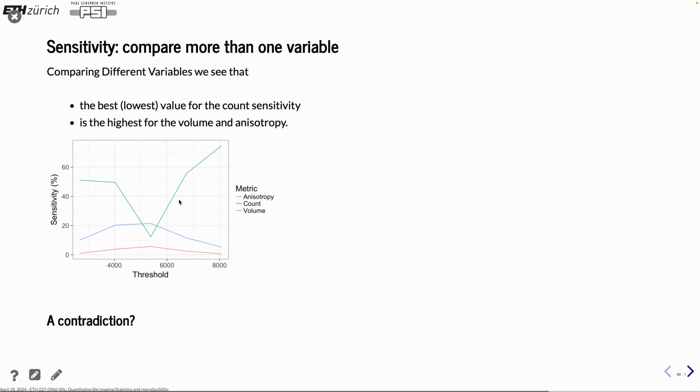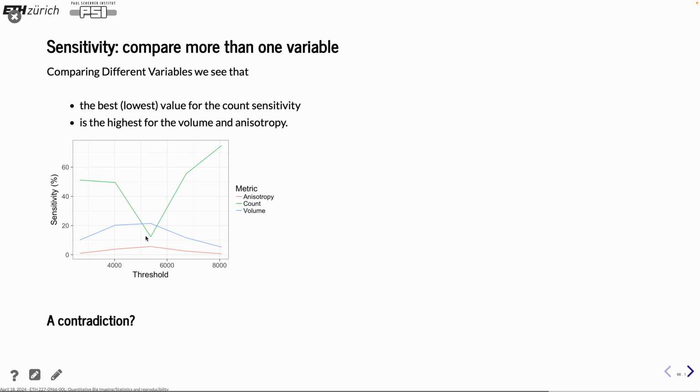If we look at other metrics, we can look at the anisotropy of the objects, and also the volume. You can see here that the sensitivity for anisotropy and volume increases to a point, actually the same point where the count makes a dip, the valley.